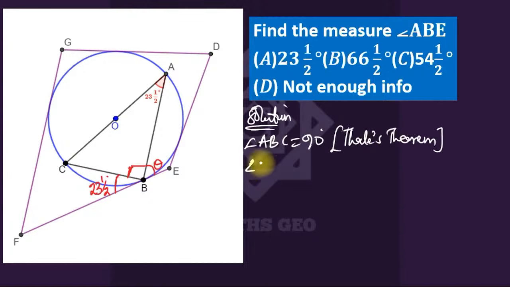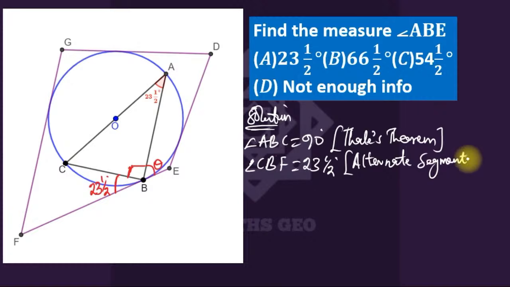And that angle CBF is 23 1/2 based on alternate segment theorem. Therefore, we see that theta will be 66.5.